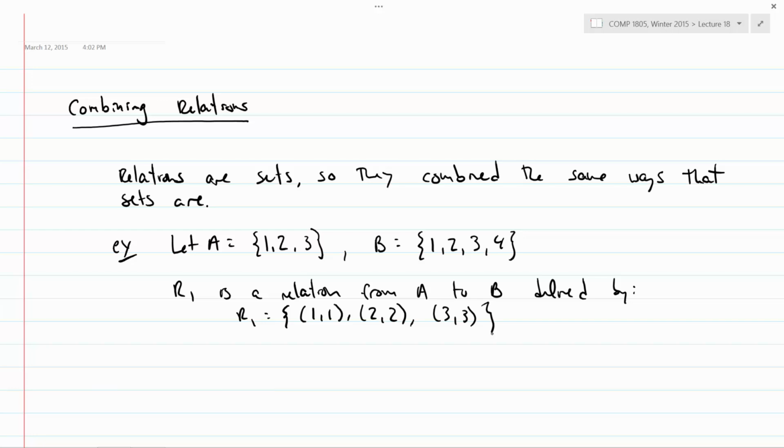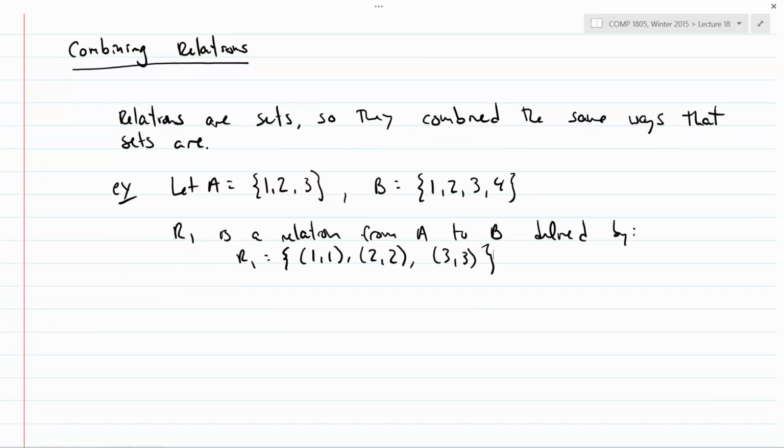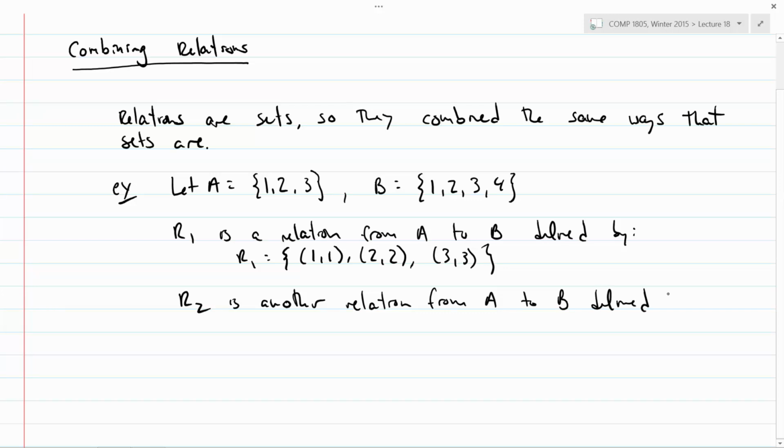That's a perfectly good relation from A to B. And R2 is another relation from A to B, and it's defined in the following way. R2 consists of the pairs (1,1), (1,2), (1,3), and (1,4).